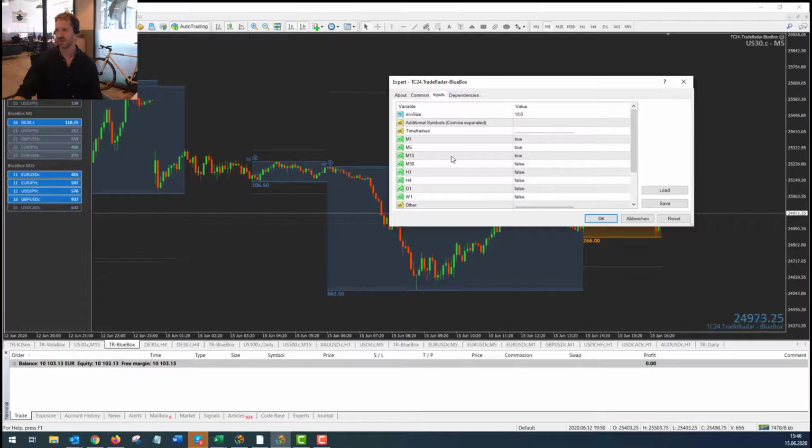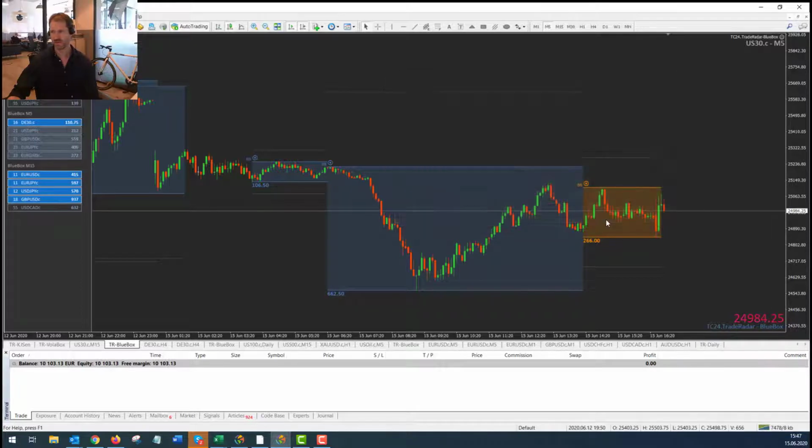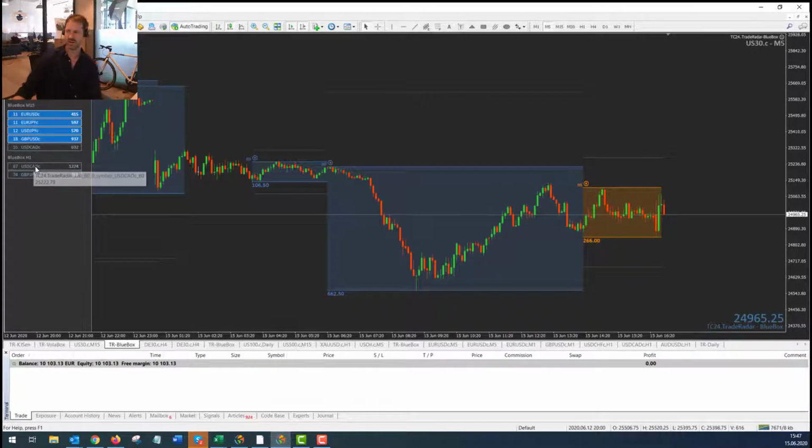There's a smiley, and then you can edit the inputs, meaning you can, for instance, say, all right, I'm very busy today. However, I want to look on the larger time frame. So go ahead, disable the M1 time frame and just activate the hourly time frame if you like. It just takes a second. So M1 is gone. Instead, we are looking at the H1 time frame.